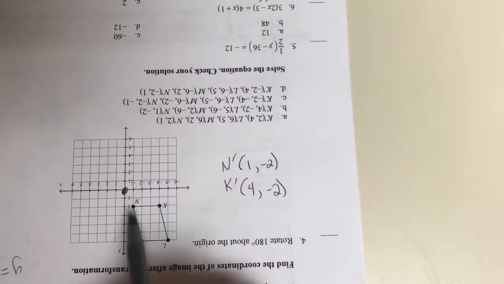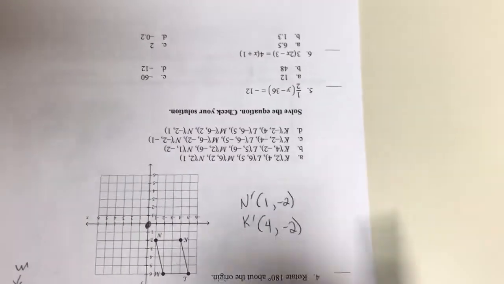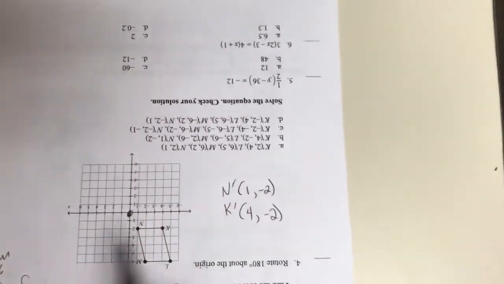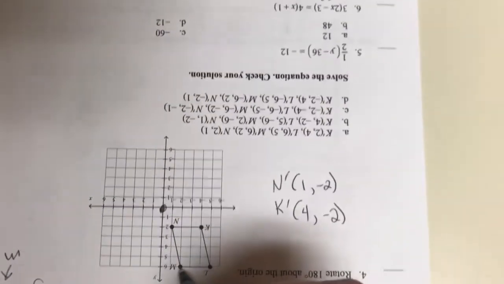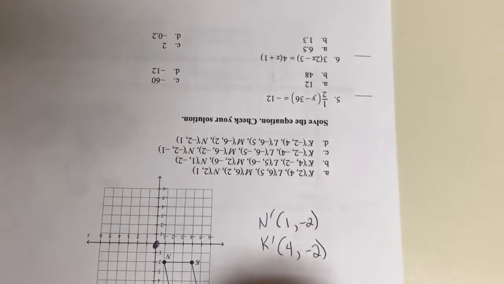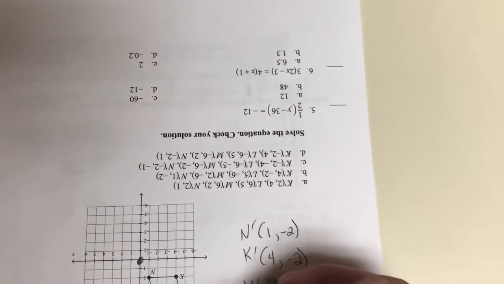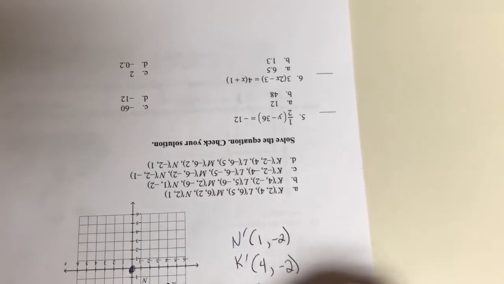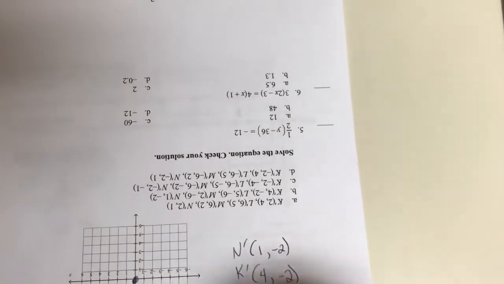See, I'm writing the points as they appear to be. I'm ignoring the fact that that says positive right there. I don't care. And that says negative. I don't care. Right 4, down 2 is positive 4, negative 2. Okay. M looks to be right 1, 2, down 6. So M prime is right 2, down 6.